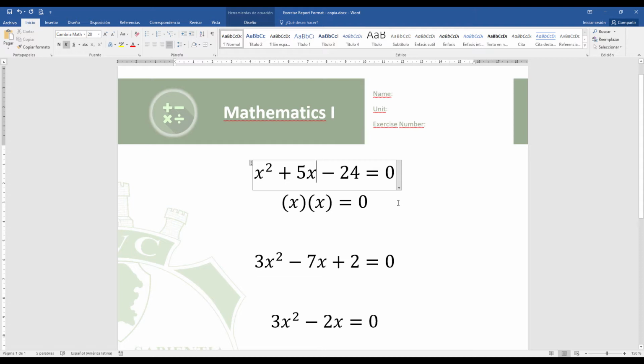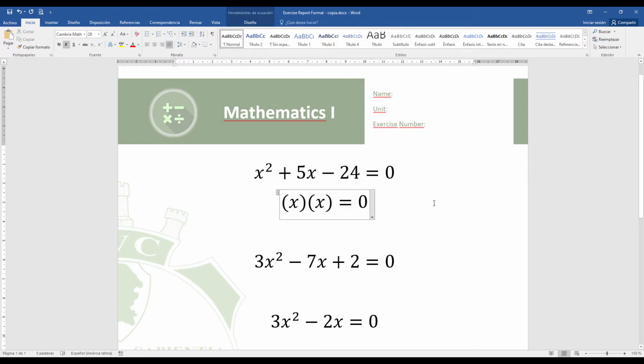For example, if you use 1 and 24, adding or subtracting, you will not get 5. If you use 12 and 2, you will not get 5. If you use 8 and 3, adding or subtracting, you can get 5.